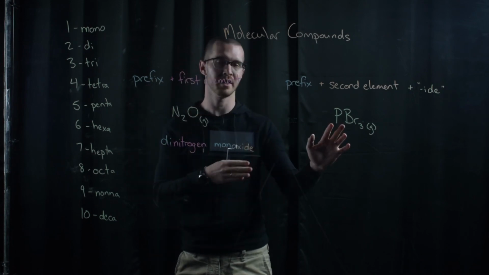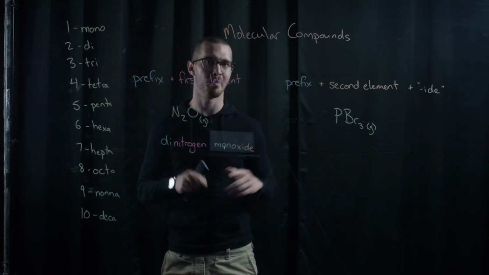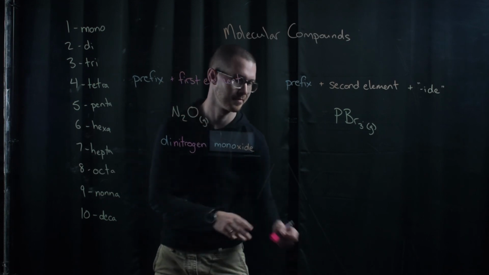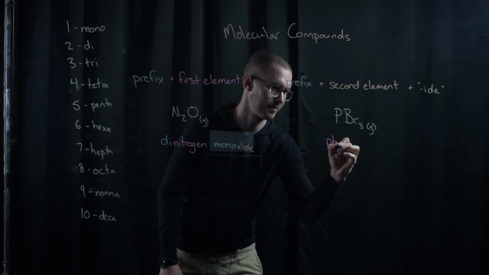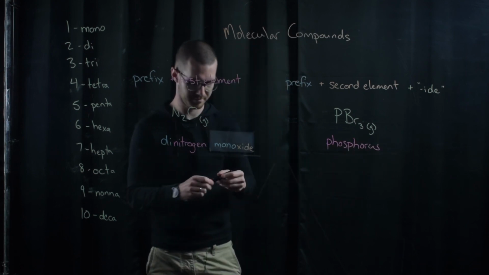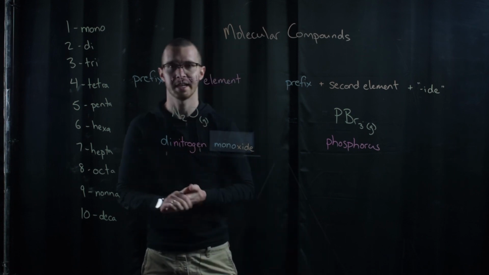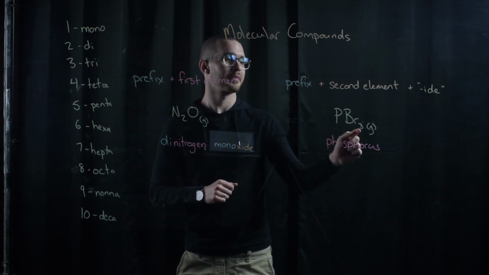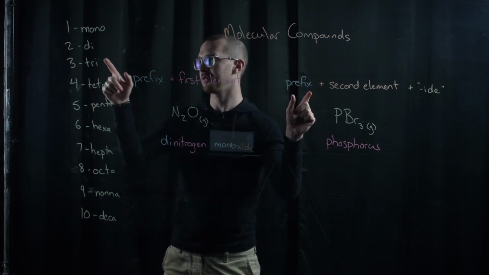Because there's only 1 of our first element, we won't bother writing mono. So instead, we just write phosphorus. And we take a look at our second element, which is bromine. There are 3 of them, so we need a prefix that fits with 3, which is tri.